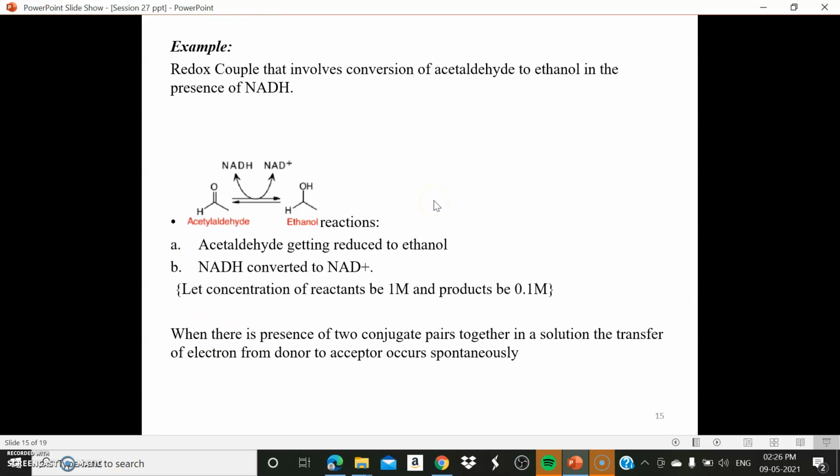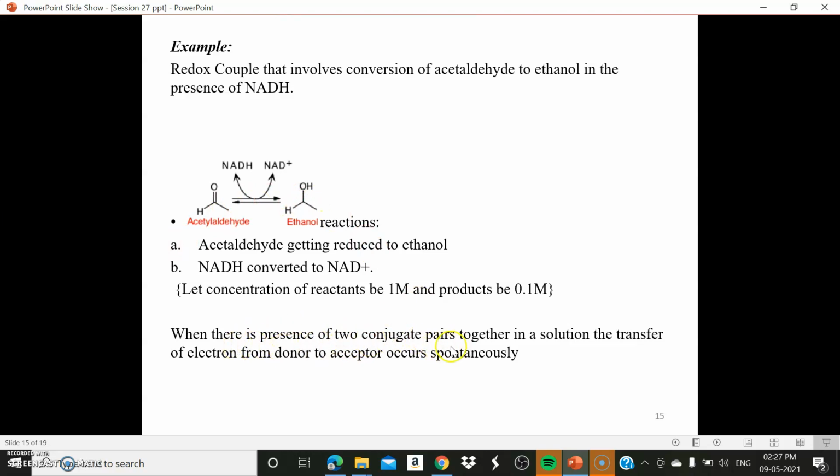Now, see, one example of a redox couple, which I mainly want to concentrate on: acetaldehyde, when reduced, gives ethanol. Acetaldehyde undergoes reduction to ethanol, and NADH is oxidized to NAD+. This acetaldehyde and ethanol, and NAD+ and NADH, constitute redox couples. These are called two conjugate pairs.